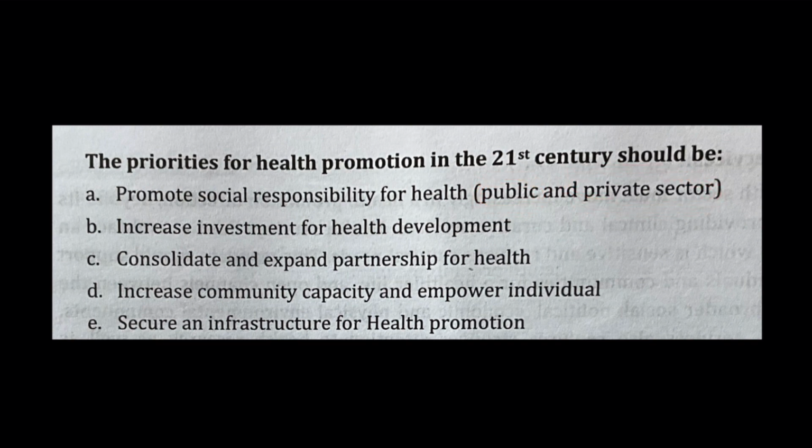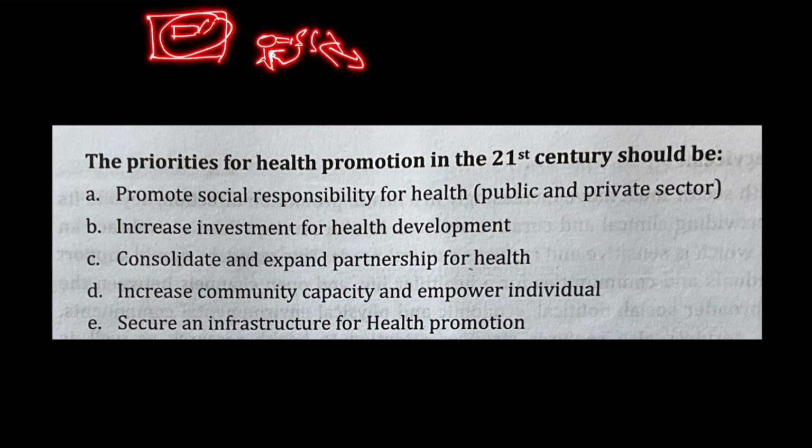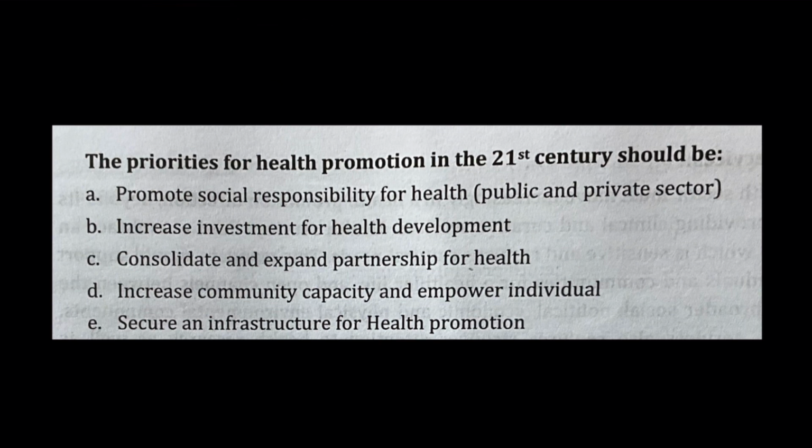For example, if restaurants put up no smoking zones, obviously people are not going to smoke. As a result, the person is not going to smoke, and there's not going to be passive smoking as well. Similarly, a school in the community that teaches students from a young age to follow healthy hygienic behavior promotes their health. So the public and private sector can also be responsible for the promotion of health.